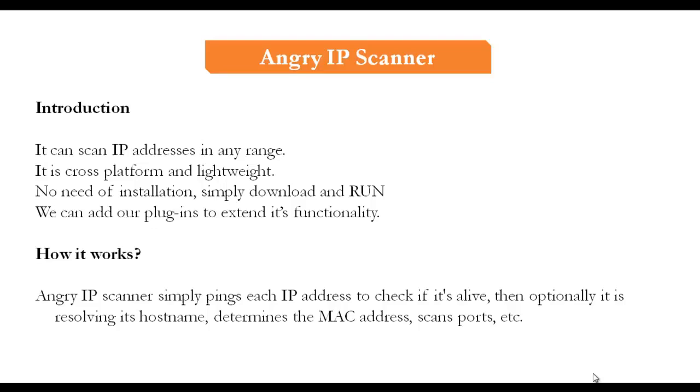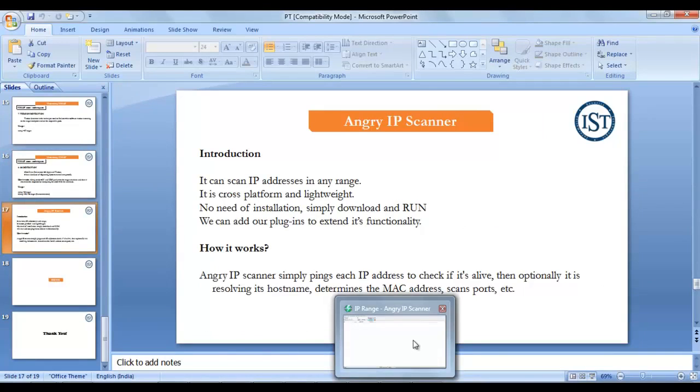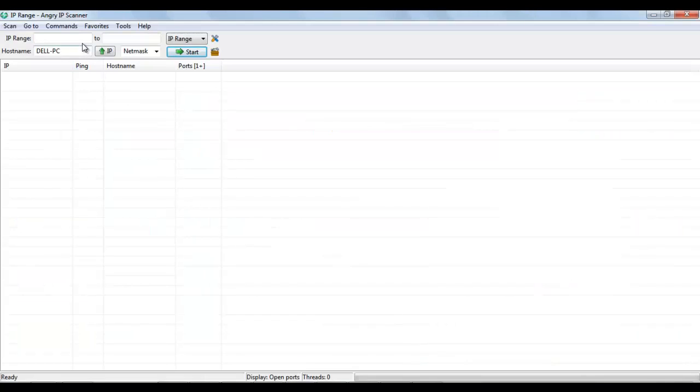Let us look at a small demonstration of how we can work with Angry IP Scanner. Now I'm just going to give my specific IP range to scan for the IP addresses that are alive. And I want to scan till 60.60. So let me start the scan.